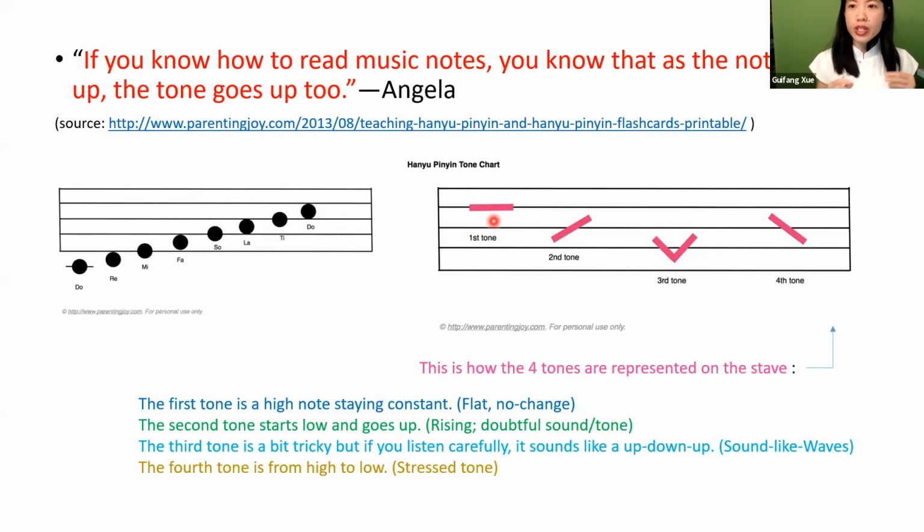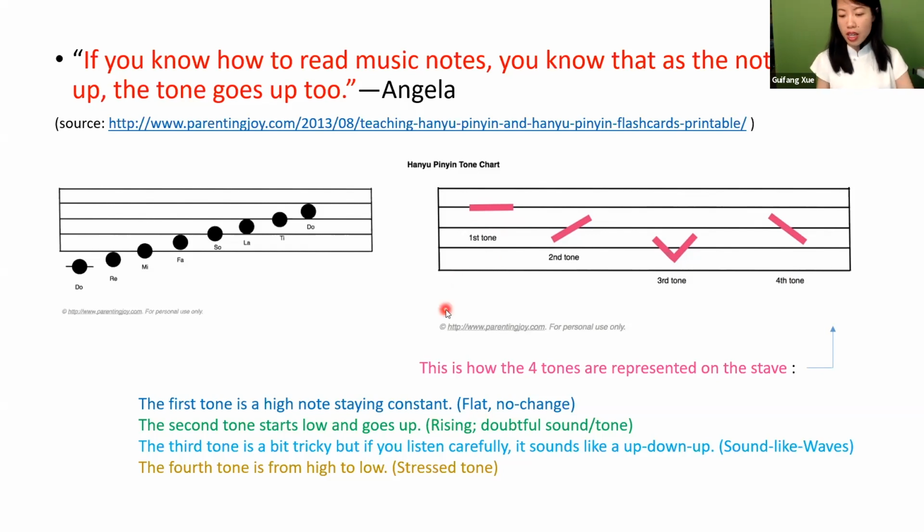The tonal marks represent how you should pronounce the tone. So the first tone is a flat line. When you pronounce the first tone, it should be flat, no change. It should be consistently the same volume, because a flat line means flat, no change, staying constant.